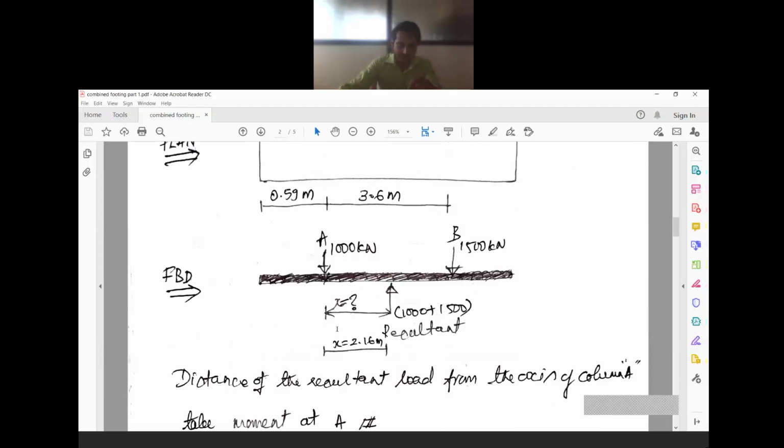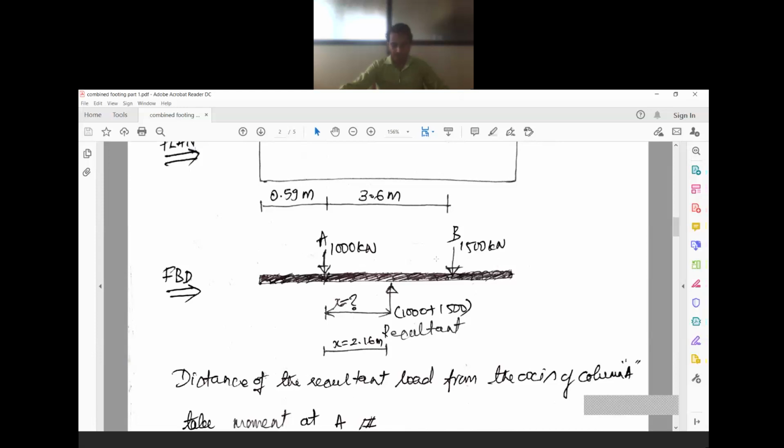You can observe here, this may be the actual length of the foundation. For this, we have 2 point loads, column A load and column B load. Column A has 1000 kilonewton, column B has 1500 kilonewton.